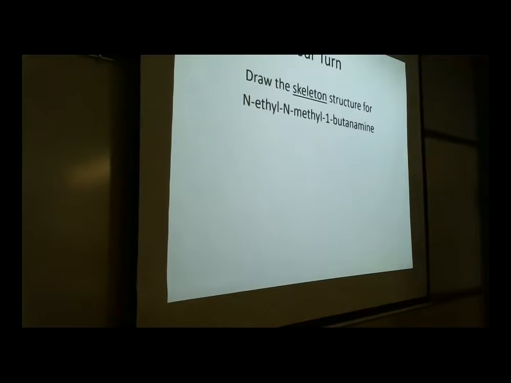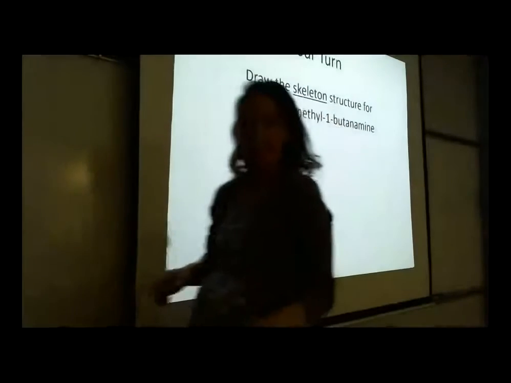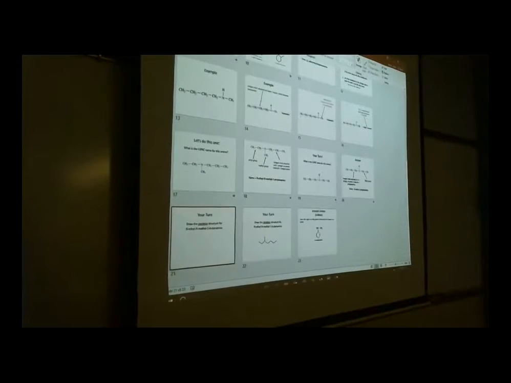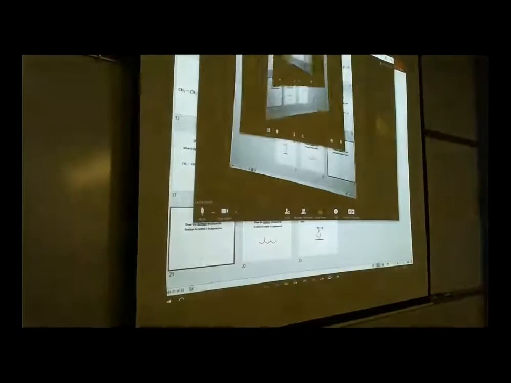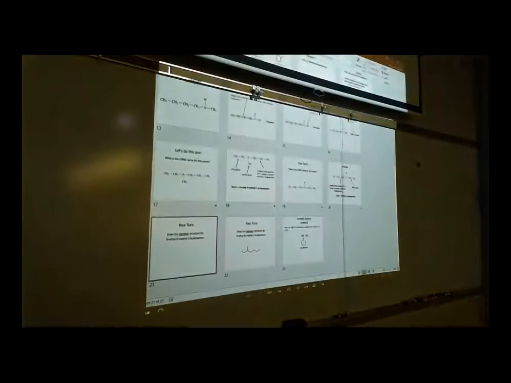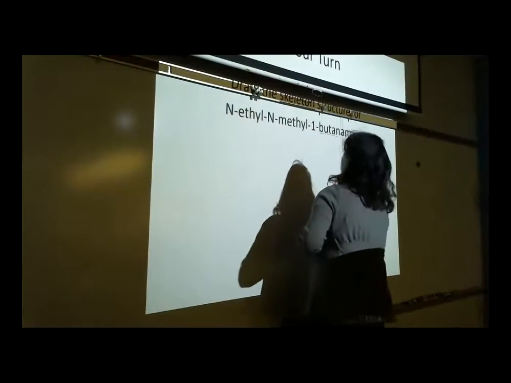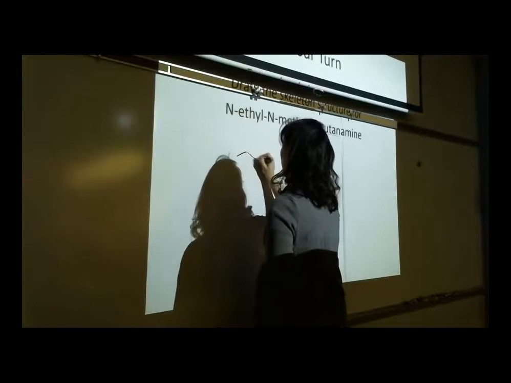Make sense? Okay, why don't you try this one? I'll pause the video. Draw the skeleton structure for N-ethyl, N-methyl, 1-butanamine. All right, let's go over the answer here. So this is a 4-carbon chain, right? Because it's butanamine. So 1, 2, 3, 4.